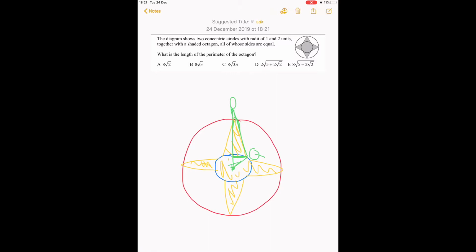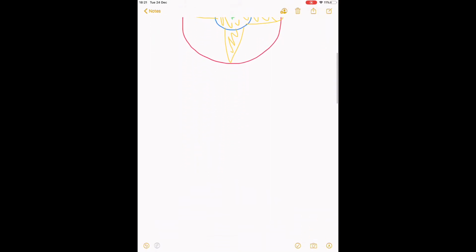Now we can draw this green triangle again to make it clearer. We have point P here, then down to point T, then Q here, and we label this O. We can prove that angle OTQ is 45 degrees.